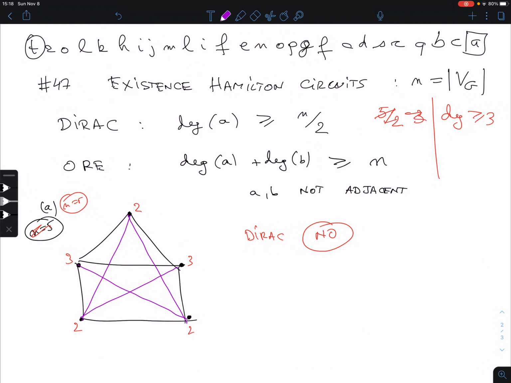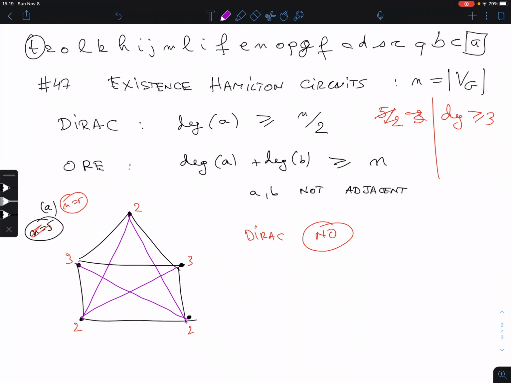Remember, this would be K5. The black and purple together is K5. In particular, that means that each vertex has degree 1 less than 5, which is 4. So to make sure that you have everything, you check: do I have 4 at each? Yes, each has 4 if you combine the two.